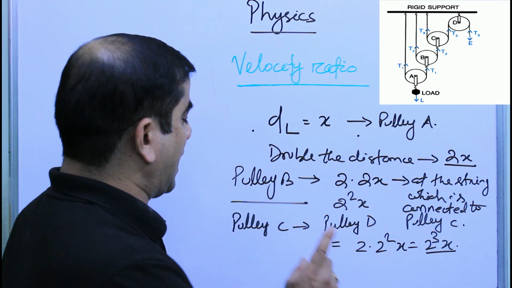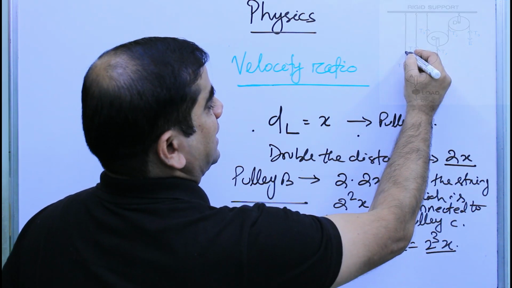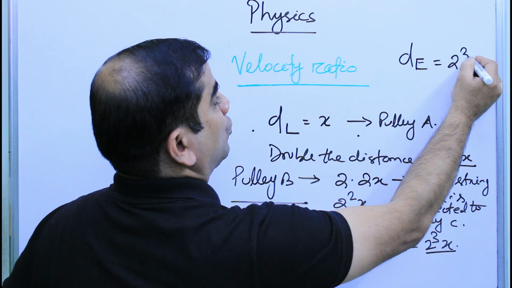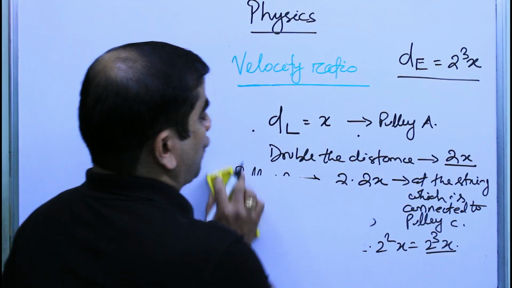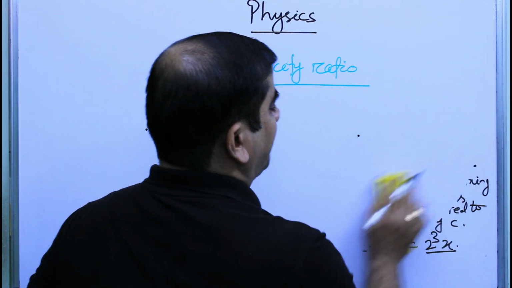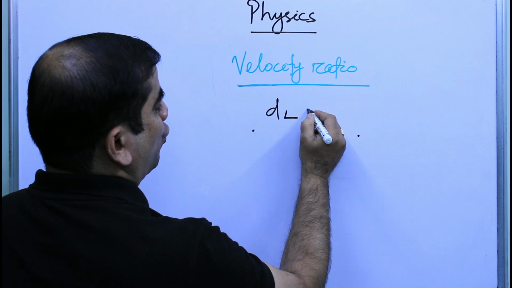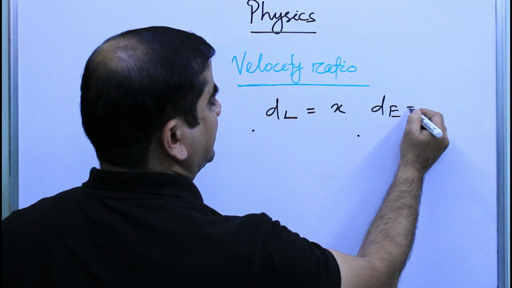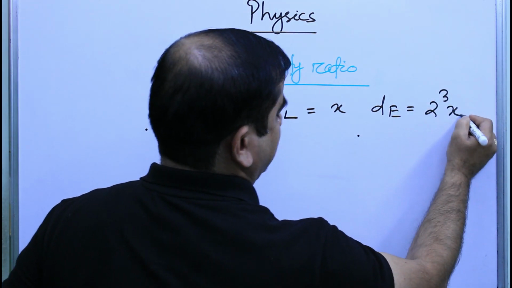We put our effort at pulley D, isn't it? So in this case, displacement of effort is equal to 2 cube x. From this discussion, we come to a conclusion that when the displacement of load is x, displacement of effort in such a system of pulleys tends to be 2 to the power 3x.